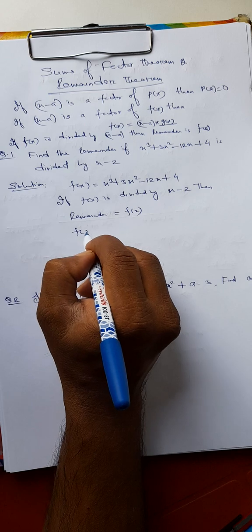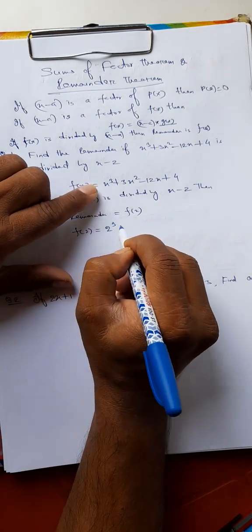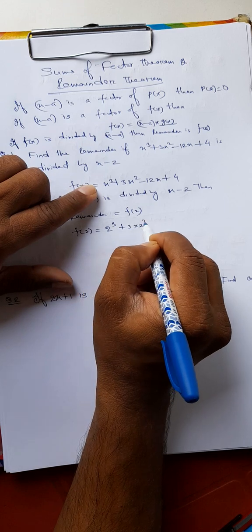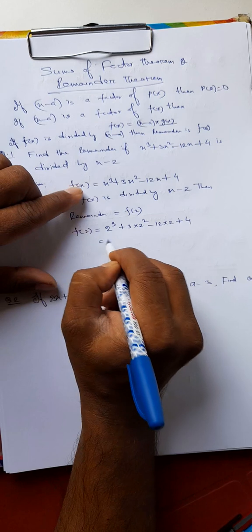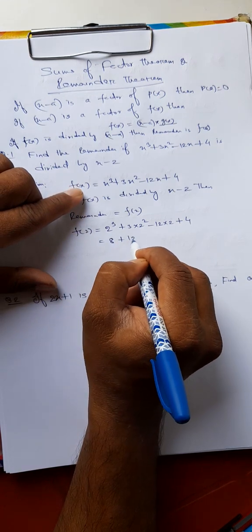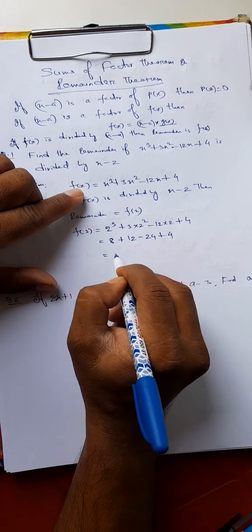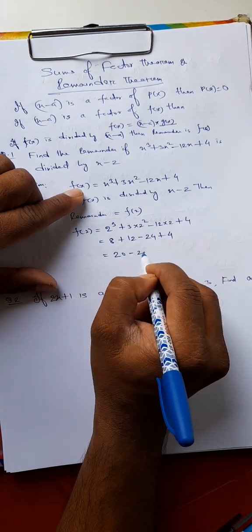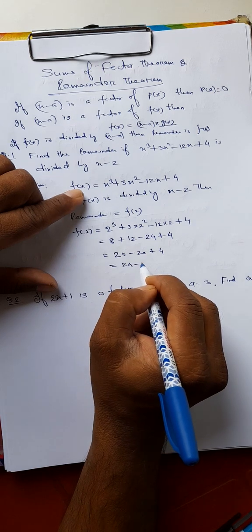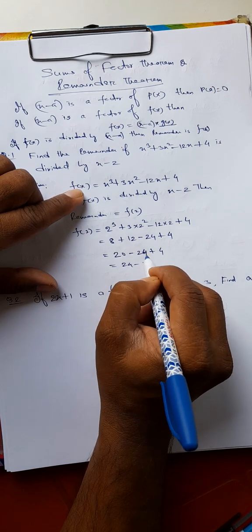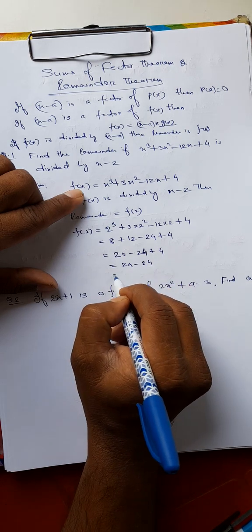Now f(2) equals, you put x equal to 2 here, 2 cube plus 3 into 2 square minus 12 multiplied by 2 plus 4, that is 8 plus 12 minus 24 plus 4, 20 minus 24 plus 4, 24 minus 24 equal to 0.